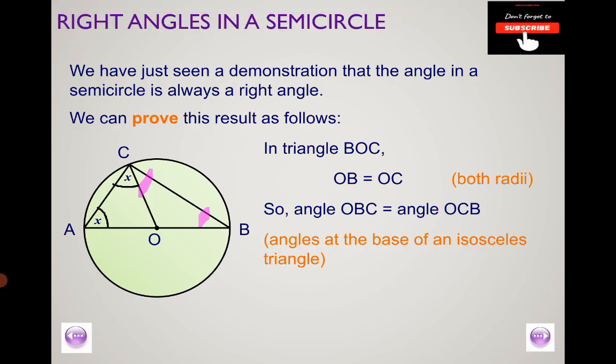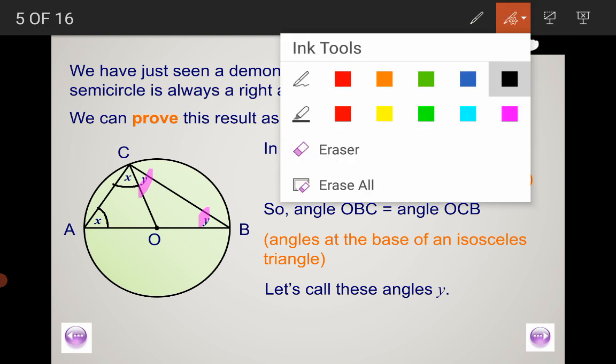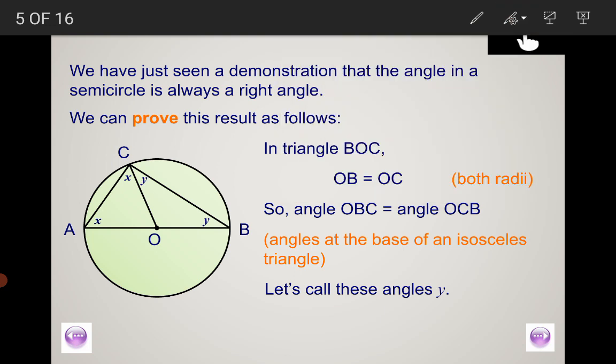Now we can use the same for this other triangle, triangle BOC. We can name these angles differently. Let's say y. So we name these two angles as y. So those two angles are equal.